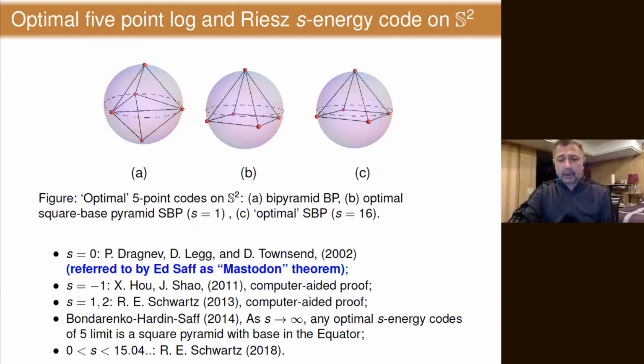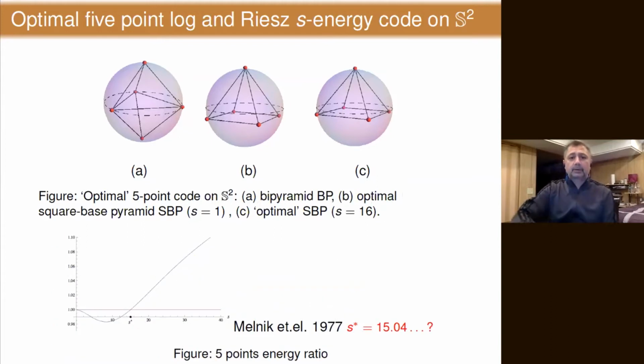And the only solution without the use of the computer is still the 2002 result, and this one with Oleg now in the n-dimensional case. So this is the Melnyk conjecture that there is this critical value of 15.04, Melnyk et al. From 1977, for any value of S that is smaller.